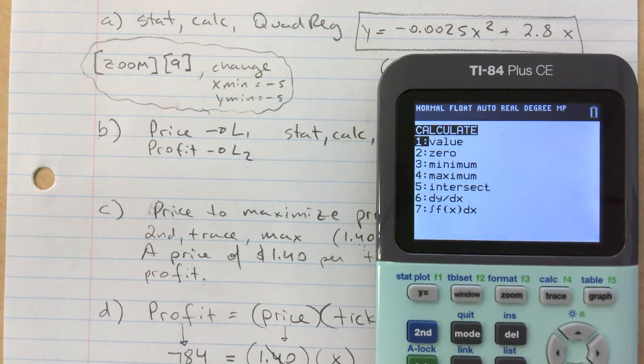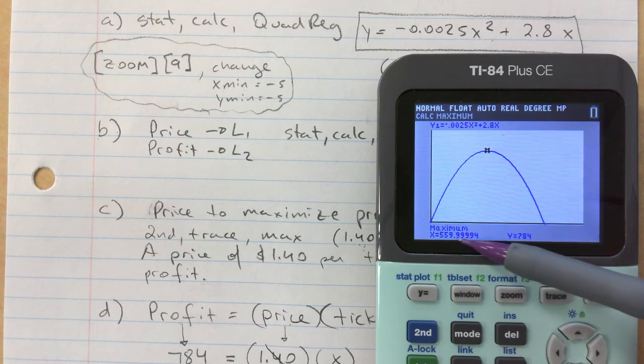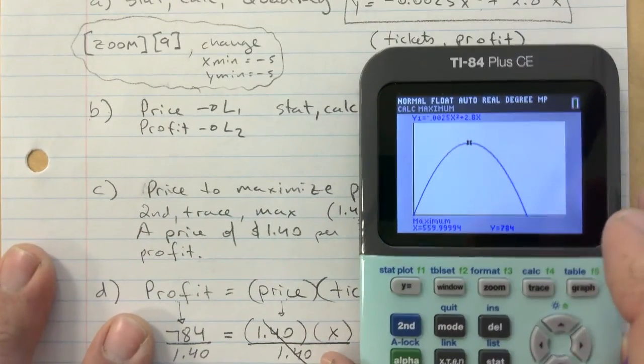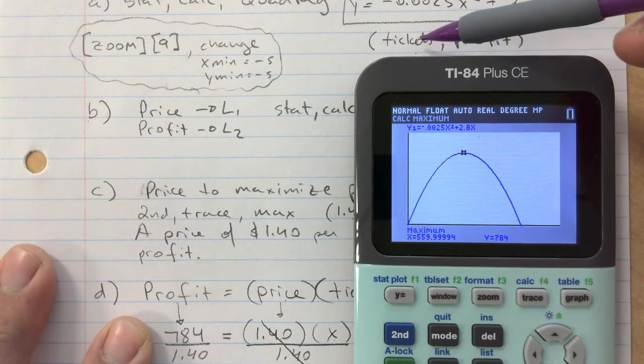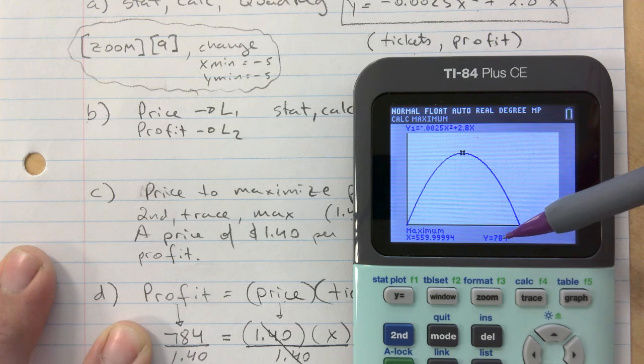So second trace, it's a maximum. Enter, enter, enter. Notice that with this equation that you just entered, what does the first number represent? Tickets, right? And the profit is still 784. So the maximum profit is the maximum profit.